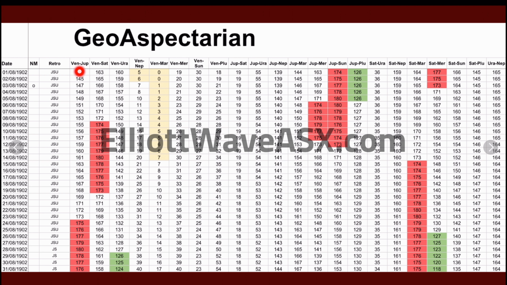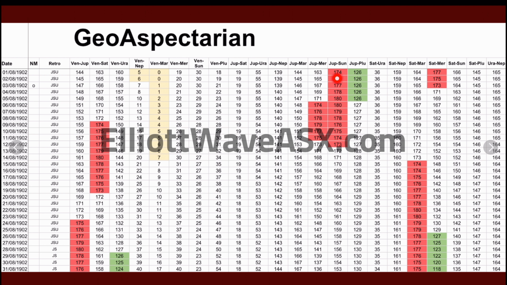Now, all the combinations of planets have been calculated. So you can see here, Venus and Mars was conjunct, so that is the same place in the sky.